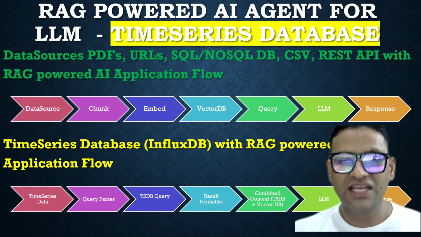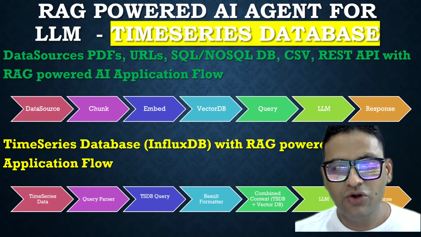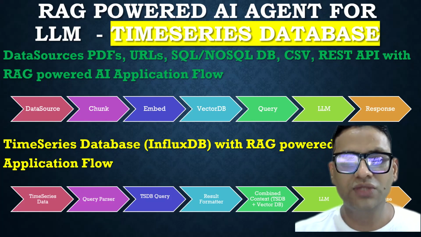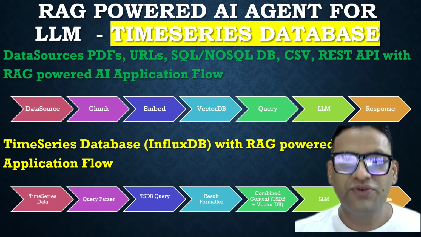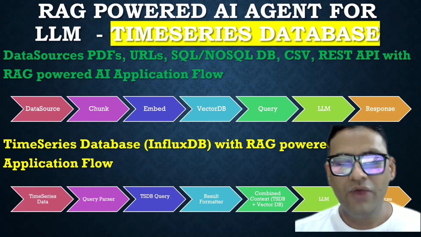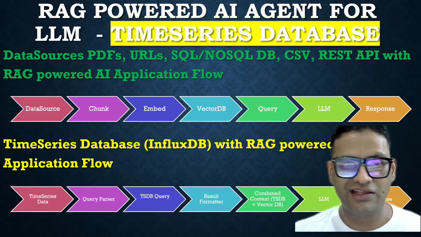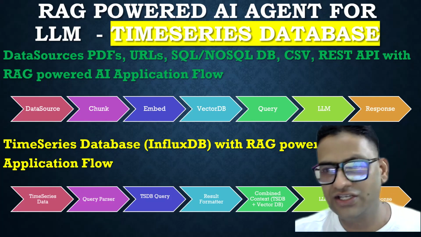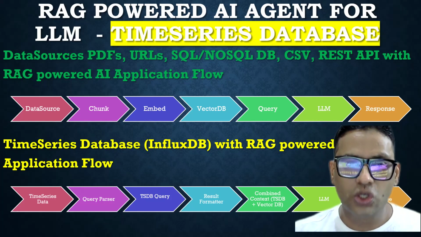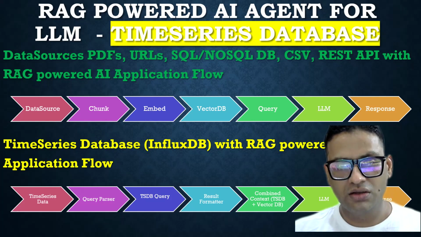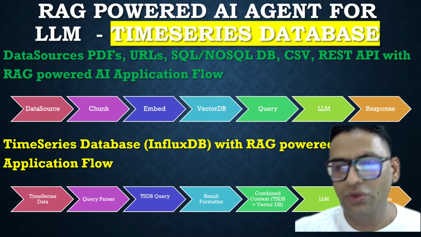Before I explain the main feature of the time series database, I would like to first go through the standard logic or flow which we have been following so far. Whenever we have a data source, irrespective of what kind we have integrated, PDF, URL, SQL relational database, NoSQL database, CSV, we first load the data, create a chunk, create the embedding with the embedding model, and load it to the vector database.